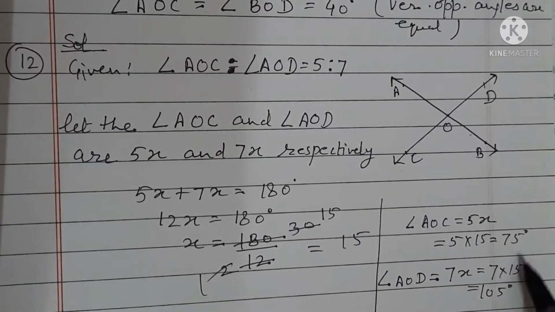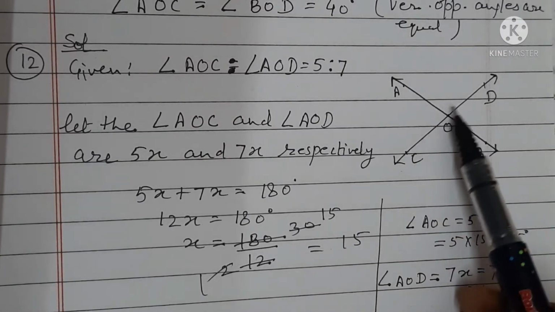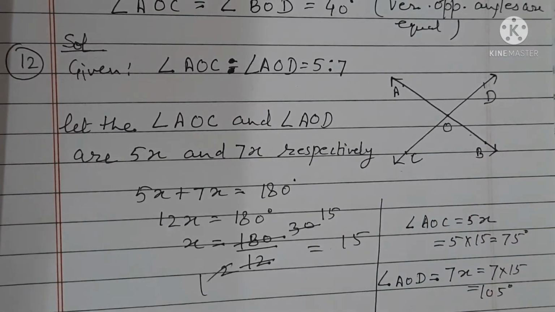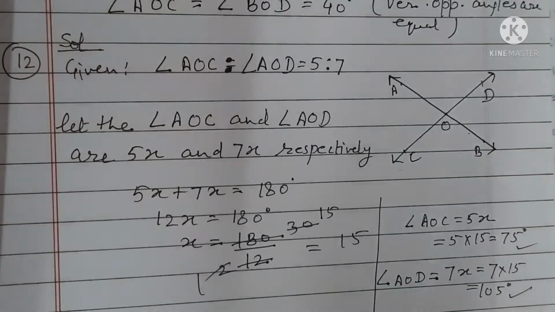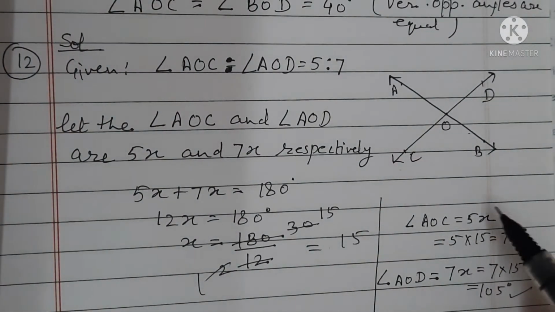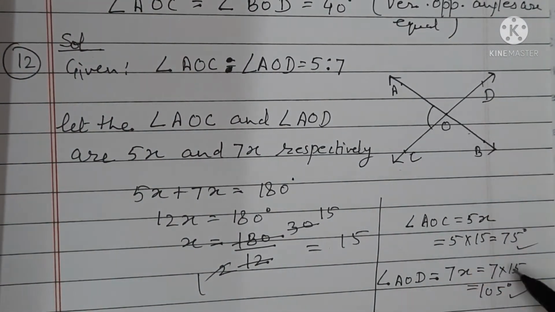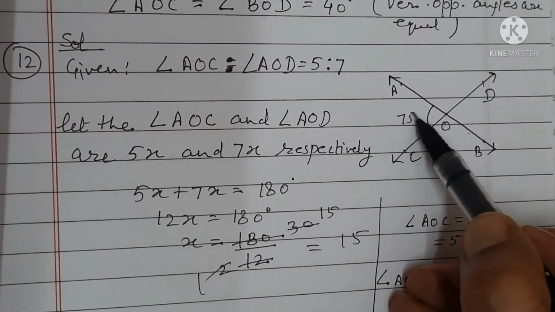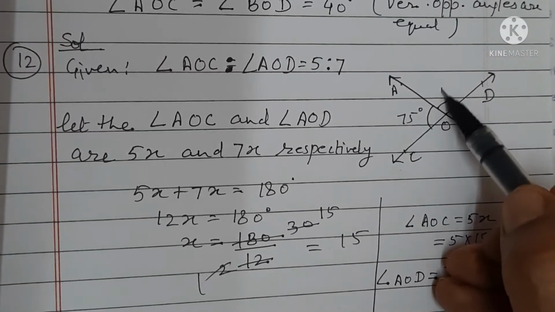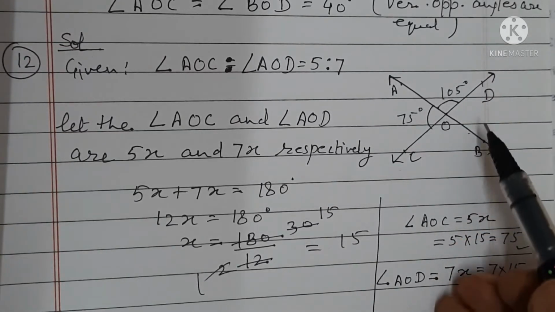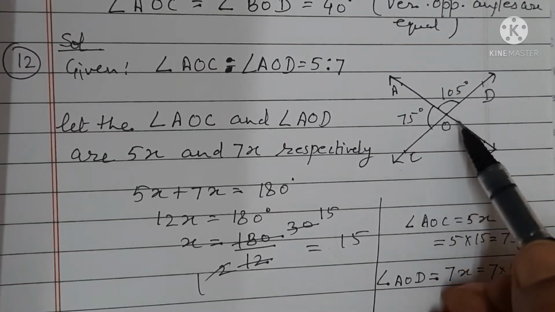When you add these two, you will get 180, the sum of these two angles. So these are our required angles. But the answer is not completed because AOC is 75 degree and AOD is 105 degree. We require the other two angles also.